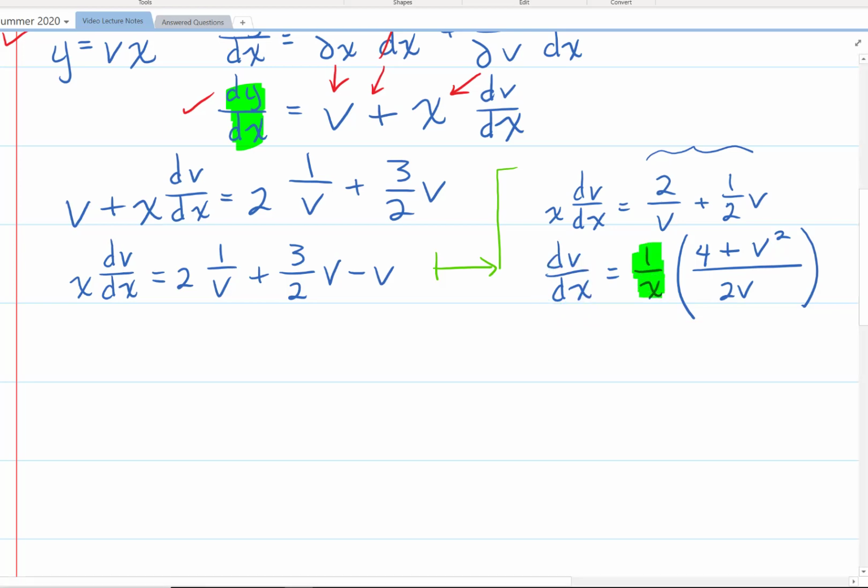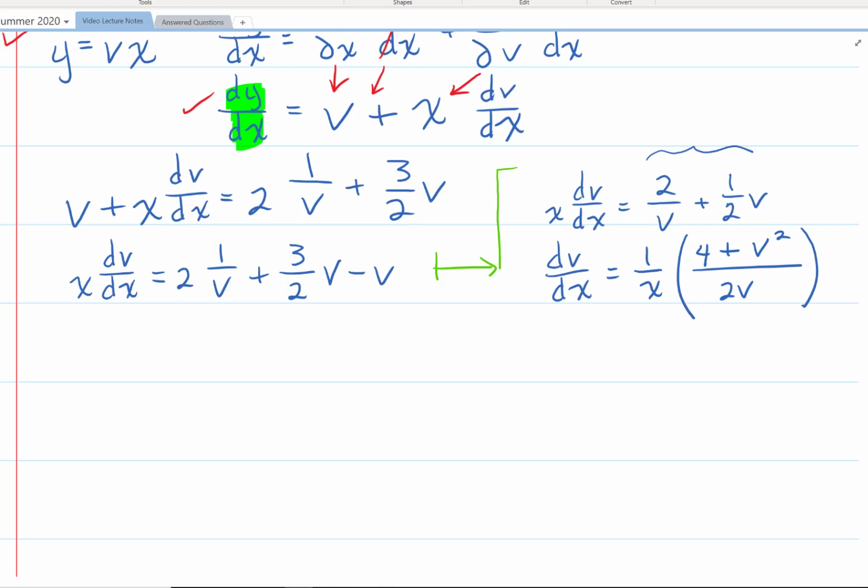In other words, have just an x piece and just a v piece. So it looks like we've got an x factor times a v factor, and so that should be separable. We should be able to get all of the v's together and all of the x's together.